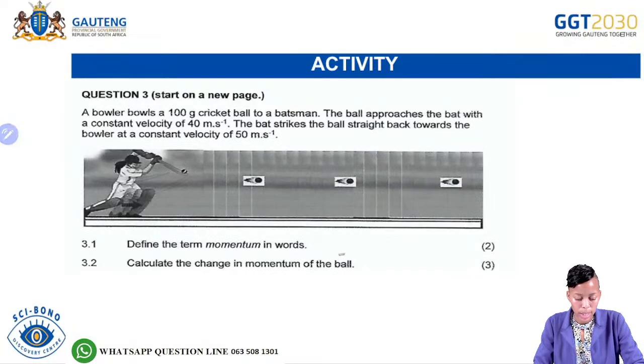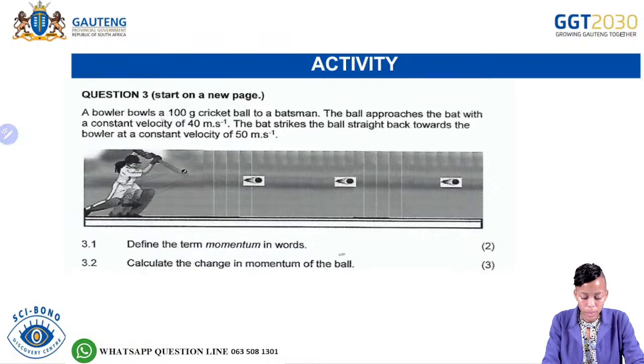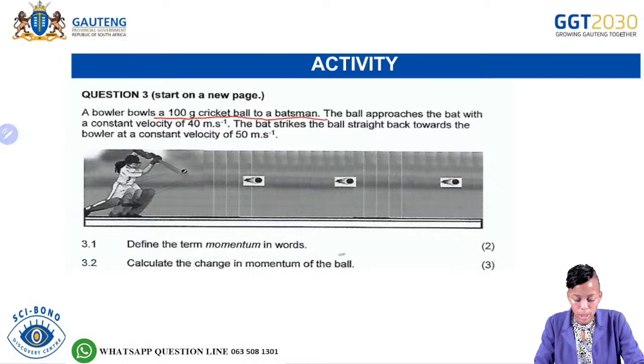The next one says a bowler bowls a 100-gram cricket ball to a batsman. The ball approaches the bat with a constant velocity of 40 meters per second.